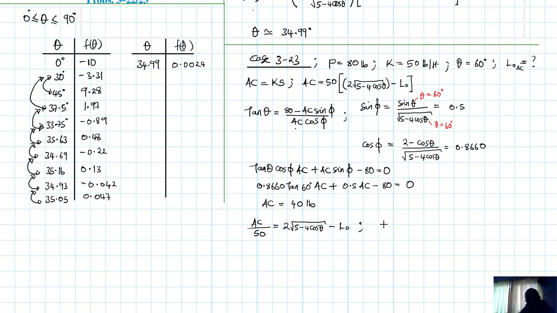And therefore, this unstretched length, we already know what this is. The unstretched length is just going to be equal to 2 root of 3 minus 40 divided by 50.